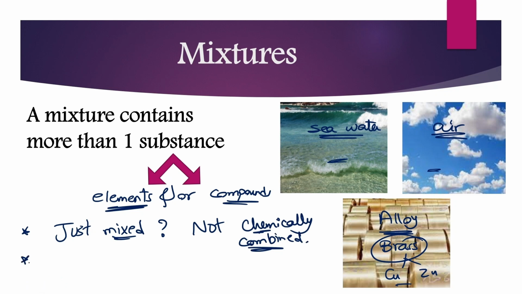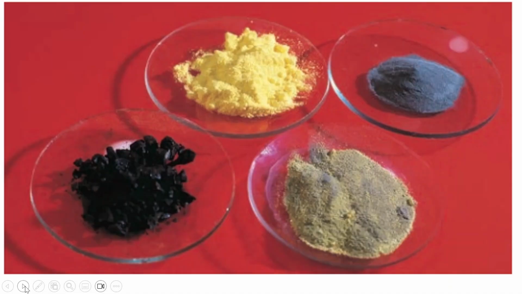Also, the components in a mixture can be easily separated. How are they separated? By simple physical methods like filtration, crystallization, distillation. These methods will be discussed later in other videos. To learn more about the mixtures, let's discuss this example.